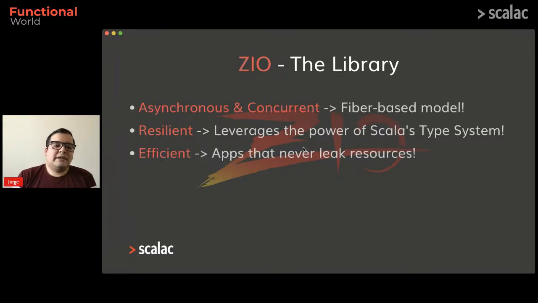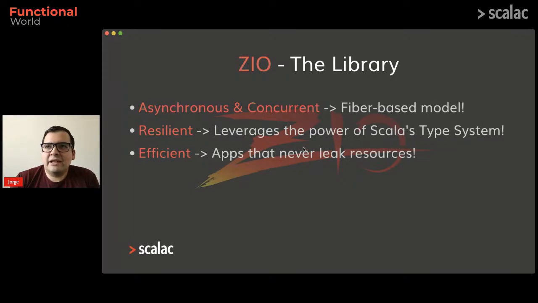It also allows us to build efficient applications. A very important thing in applications is that they should never leak resources, right? For example, if you open a connection to a database, or a connection to an external server, or open a file, you want to handle those resources appropriately. You want to close the database connections when they are not being used. You want to close the socket connections to external servers when they are not being used.